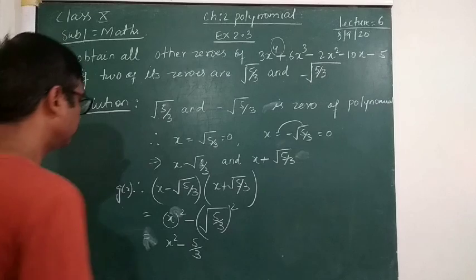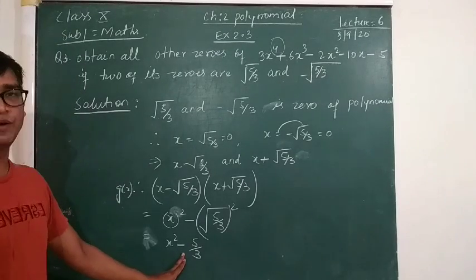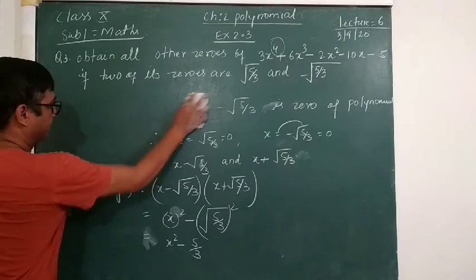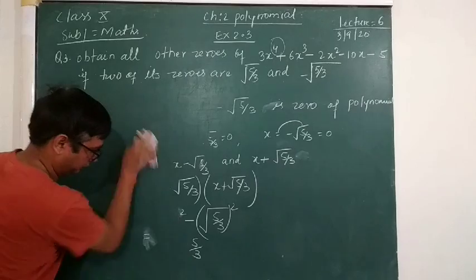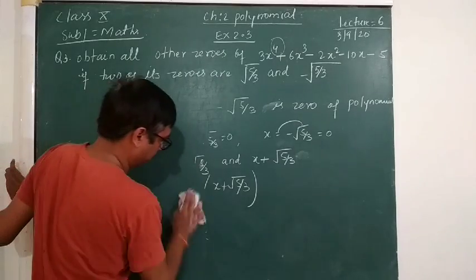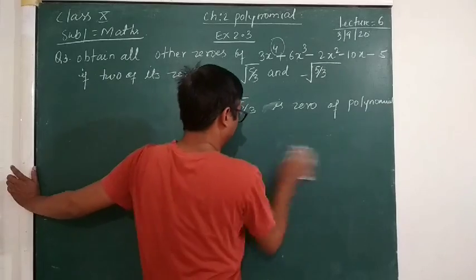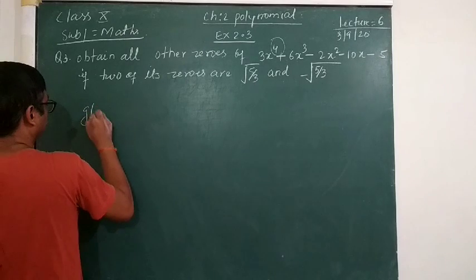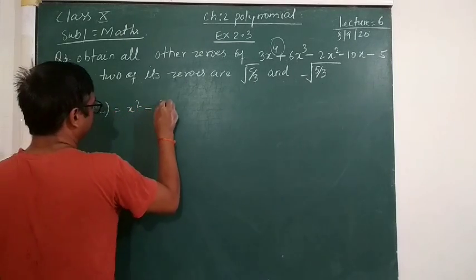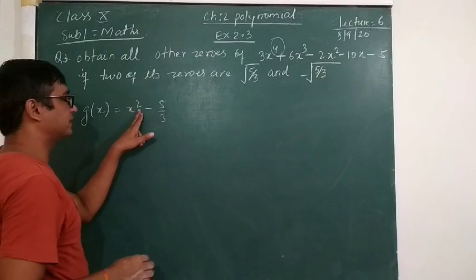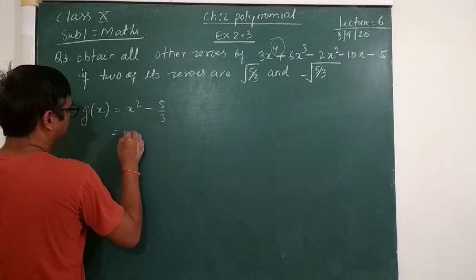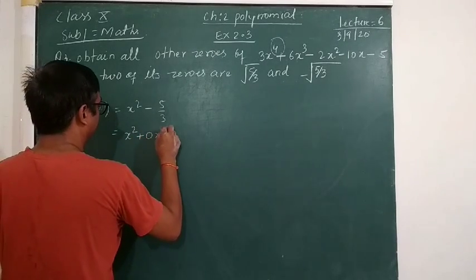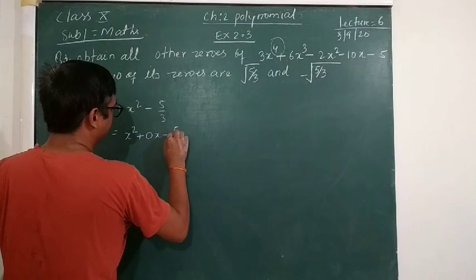Now first let's see how we will divide. You got g(x) as x square minus 5/3. Although x is not given, you can write it as x square plus 0x minus 5/3.